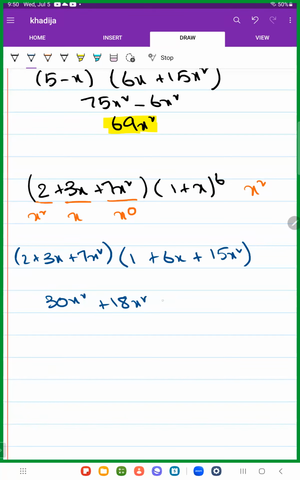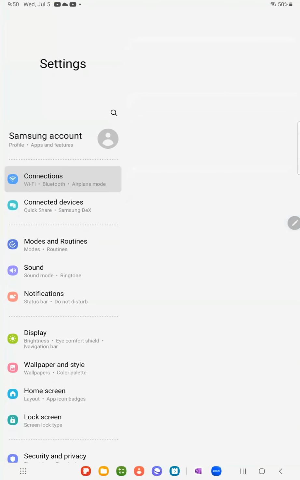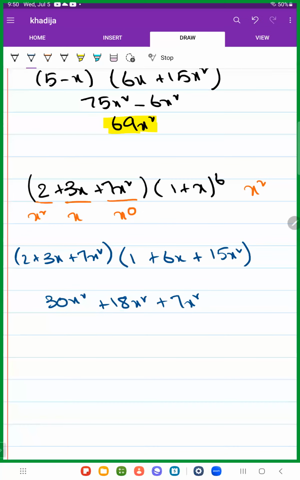And then the 7x squared with the plus 1, which is 7x squared. Where did you get minus 7 from? Oh, sorry, plus 7. That's where I went wrong. So plus 7, it will be 55x squared. Yes, perfect. Sorry, I had a typo, that's why I didn't notice the plus 7. Okay, great.